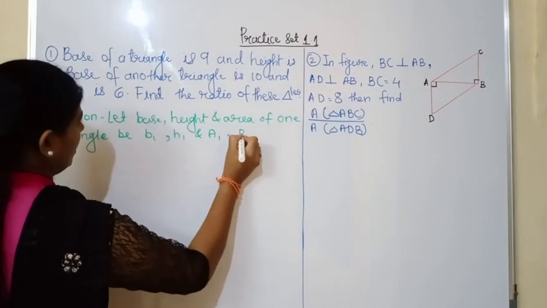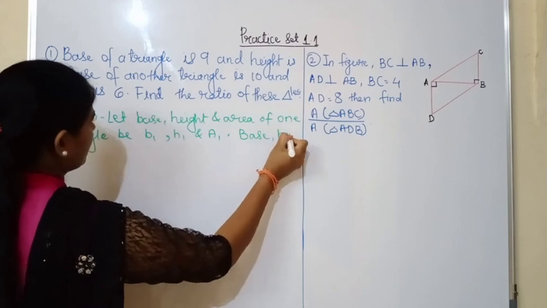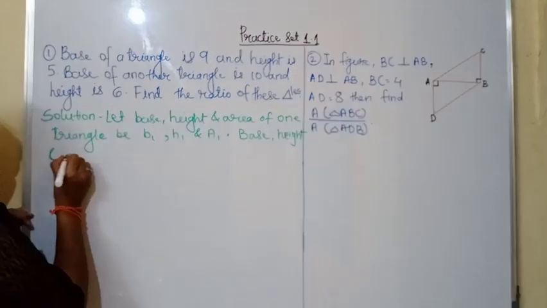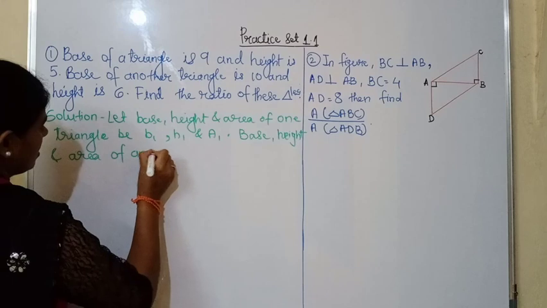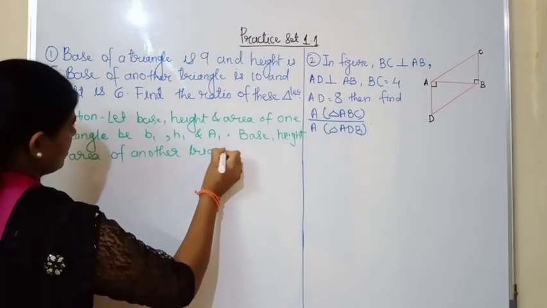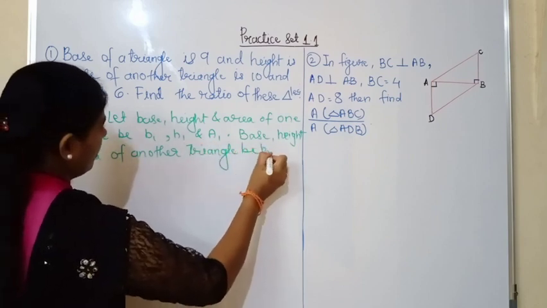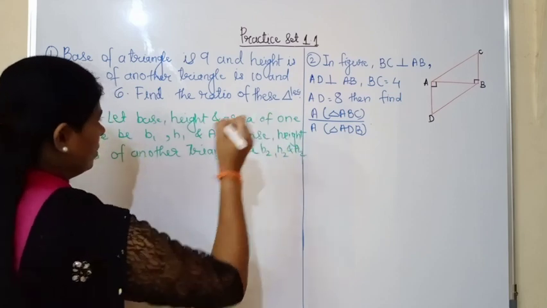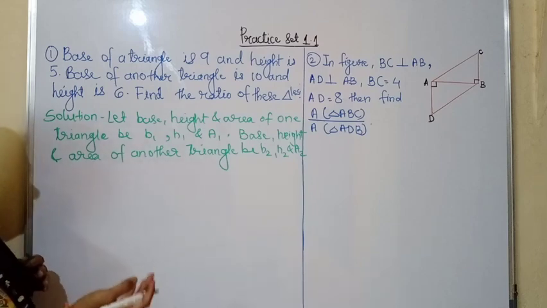Okay, and the base, then height, and area of another triangle be B2, H2 and A2. Okay, so we have considered it now. Now we will write the values.